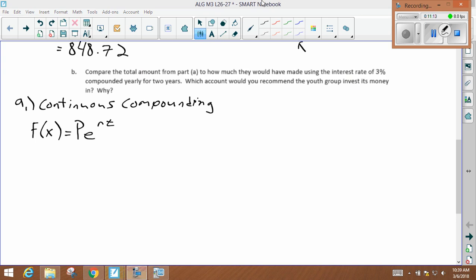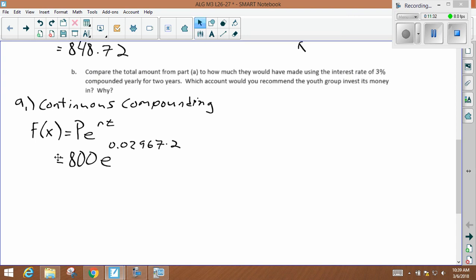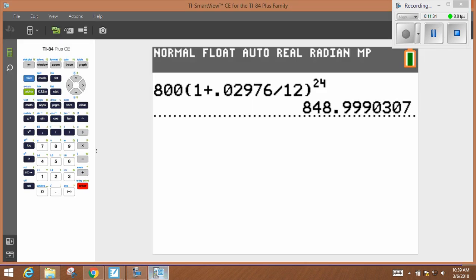All right, so I'll plug stuff in here. 800 times e to the r, which is 0.02967 times 2. And I'll show you how I would plug that into my calculator. 800 times, I'm going to get my E button out, that's under ln.